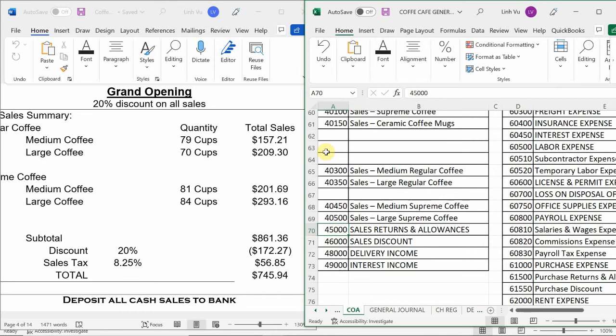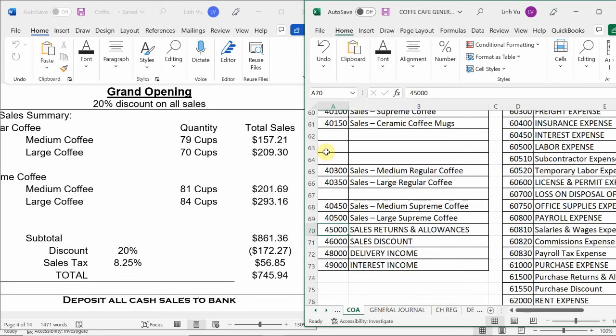This is a perfect way to determine how my sales are, especially because I need to count how many cups I have, so I know when I need to buy more cups and more supplies.